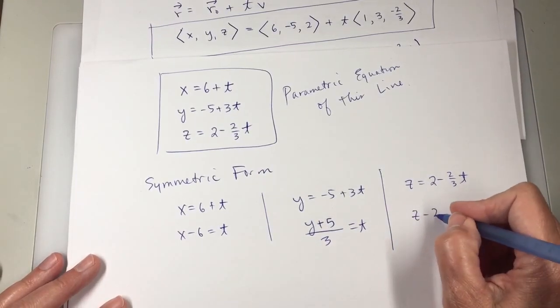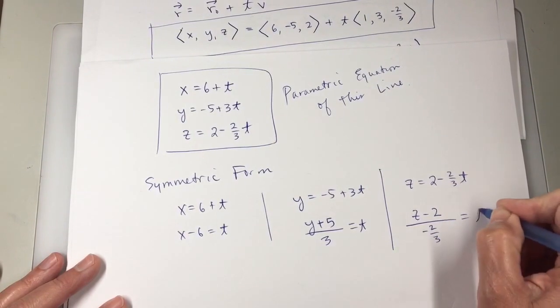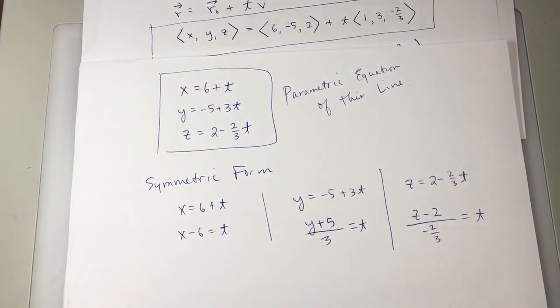So z minus 2 divided by negative 2/3 is t. And if you like, you can simplify that, or we could leave it like that.